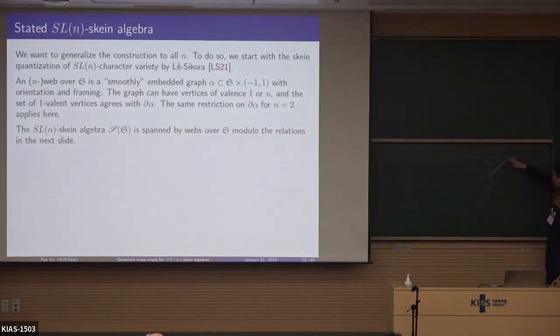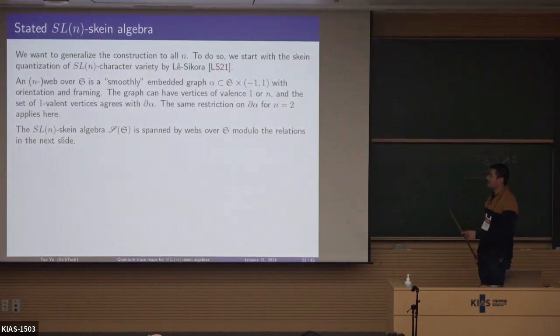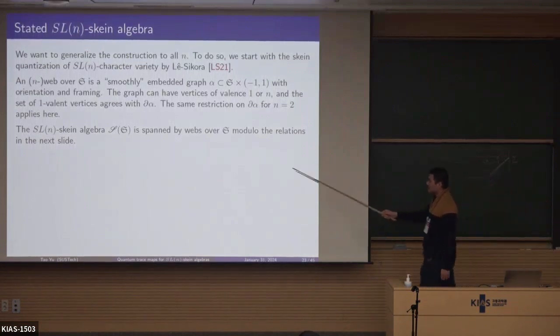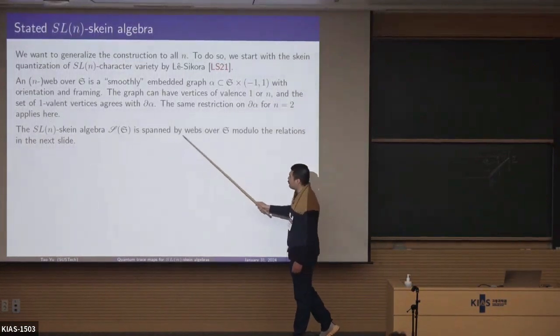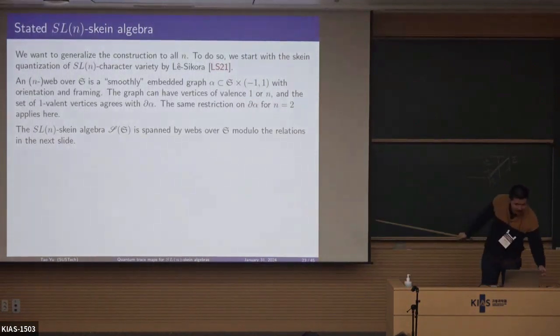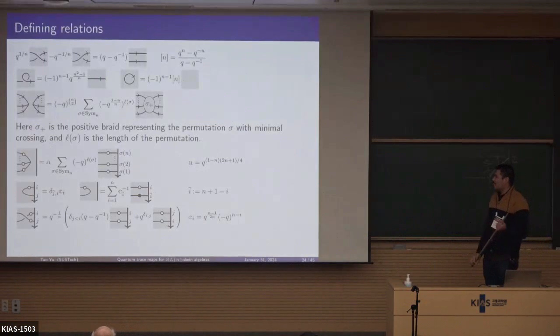They have different heights, and there are certain framing restrictions on what can happen, but that's the basic idea of what's going on with the web. And then the SL_N skein algebra is defined by the span of these webs quotient by these relations. It looks like a lot, but this is the simplest version that we have.